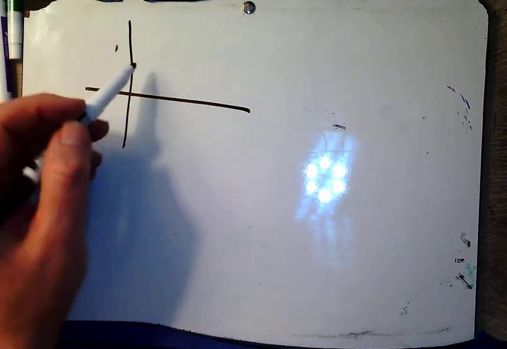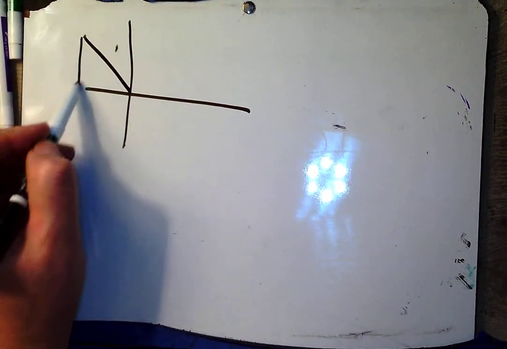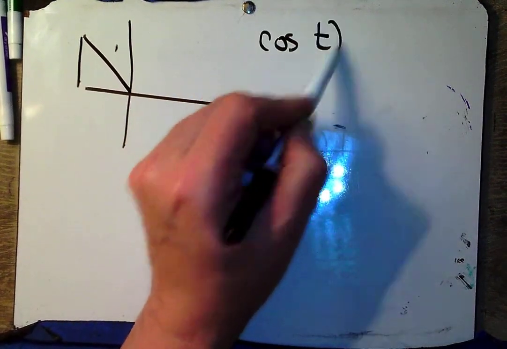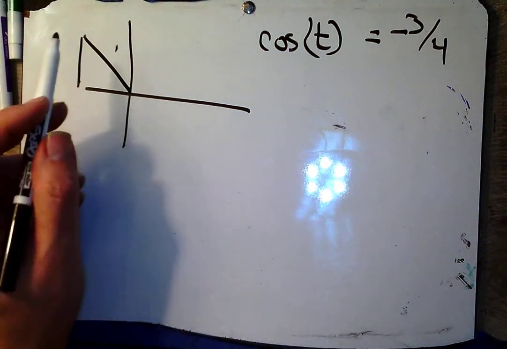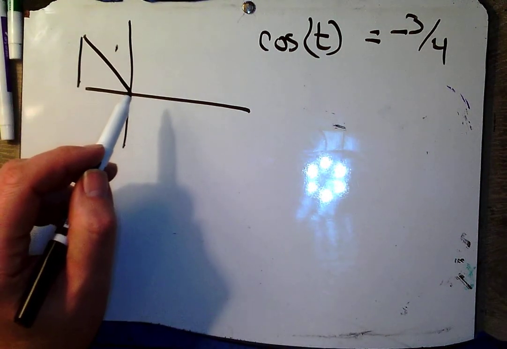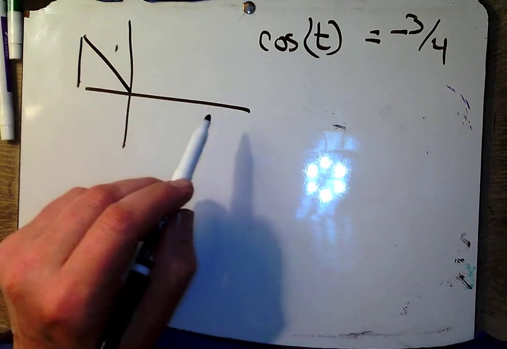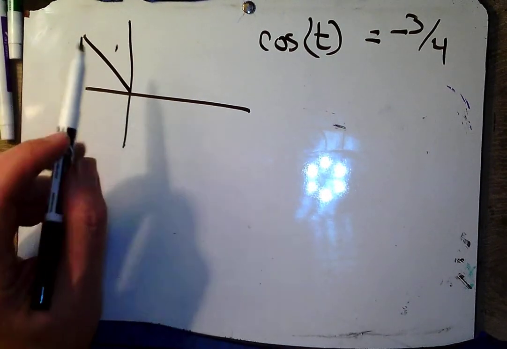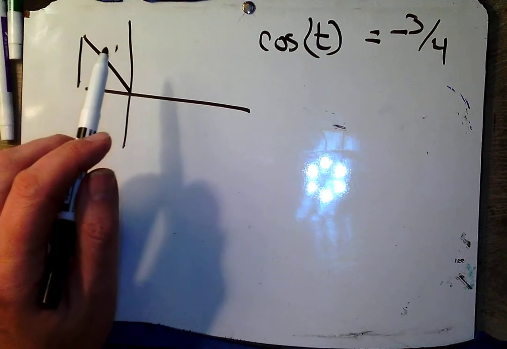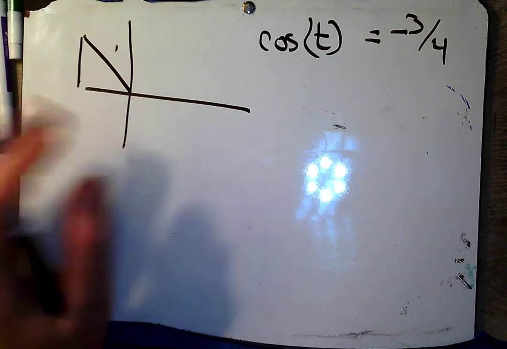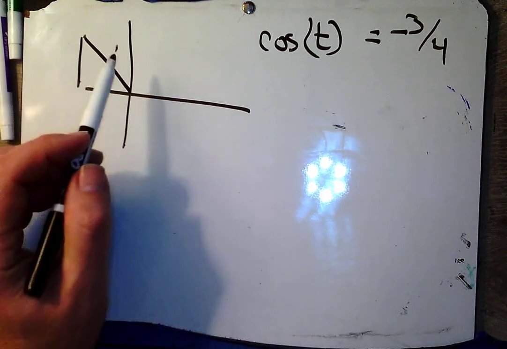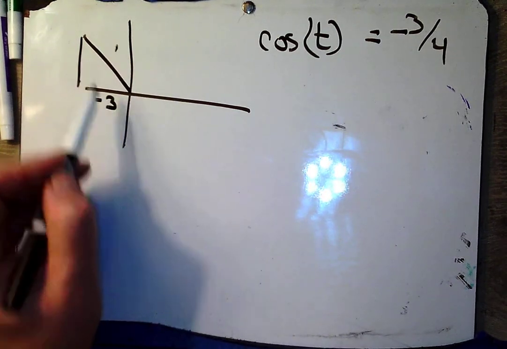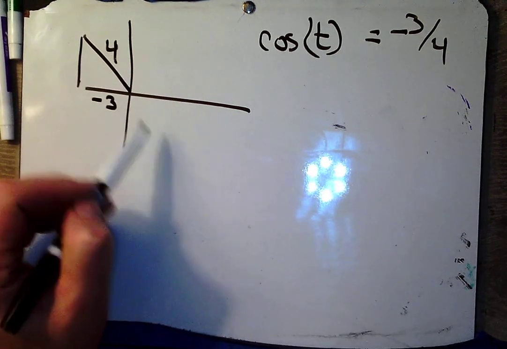So let's have an angle t such that the cosine of t is negative 3 over 4. Since this day is about not just being on the unit circle, but drawing triangles, let's say that cosine is adjacent over hypotenuse.